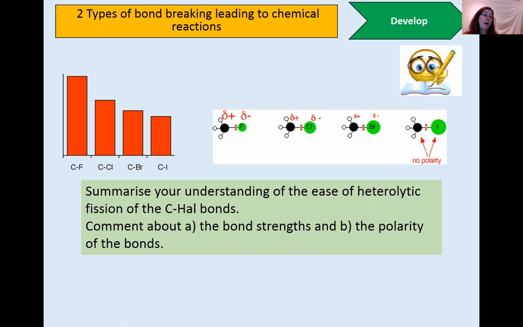So I want you to comment about the bond strength, so that's why I've included that bar chart, and I want you to talk about the polarity, the electronegativities and the polarity, and what we just described on the previous slide. So take 3 or 4 minutes to write, I would say about 4 or 5 sentences to summarise this information.